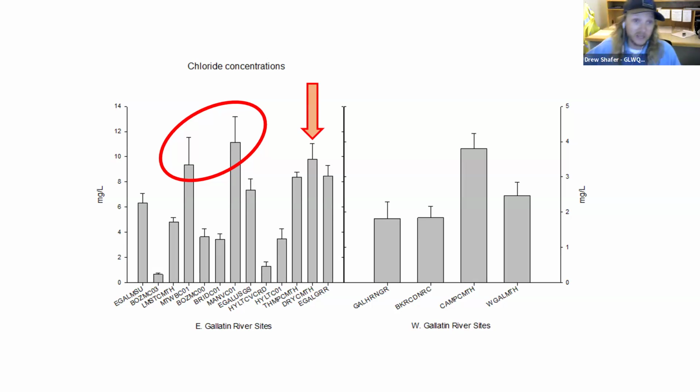So really the big takeaway here, we are starting to track changes in nutrients and wastewater solutes to evaluate the effects of human impacts on the landscape. I wanted to keep it nice and tight today, but I do also have temporal graphs as well if anybody's interested after this meeting.